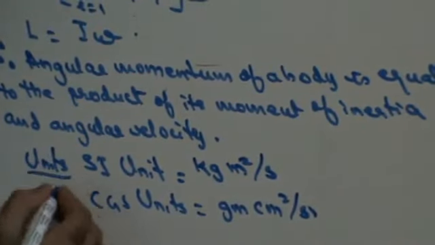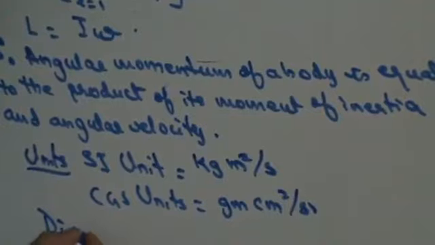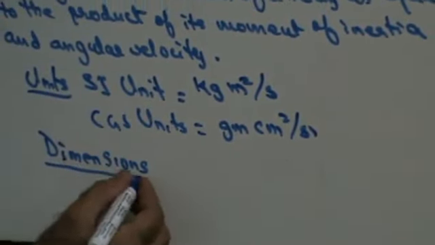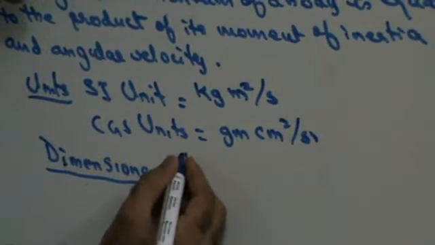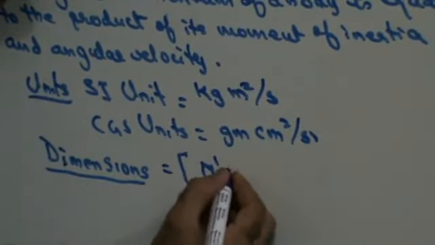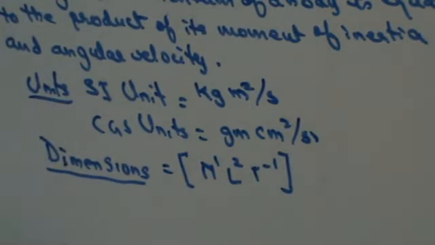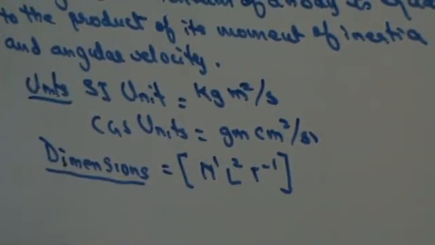Dimensions. Dimensions are going to be M1 L2 T minus 1. That will be your dimensions of angular momentum, right?